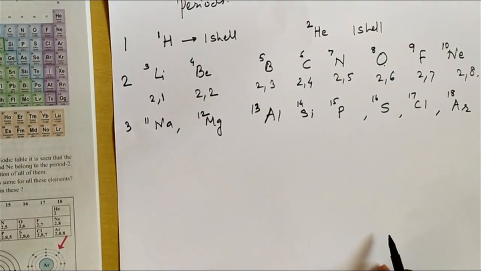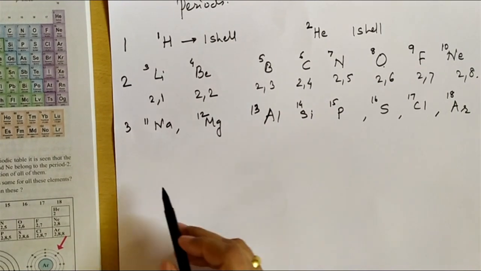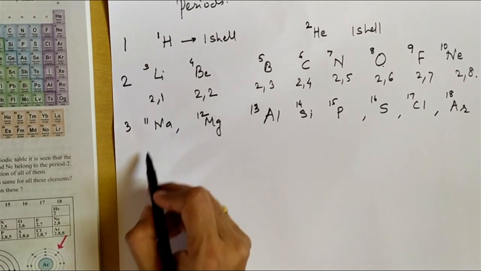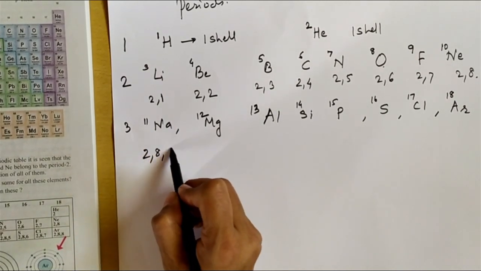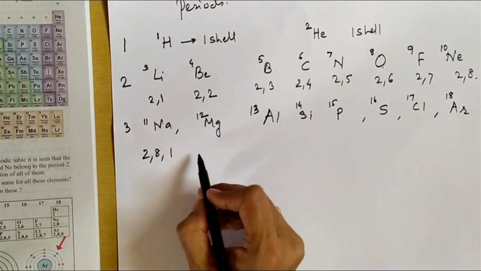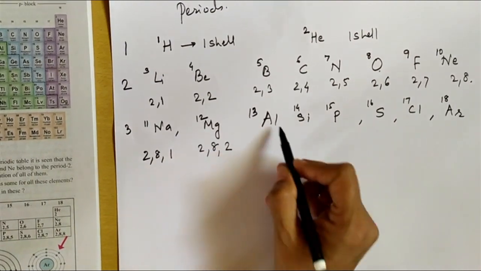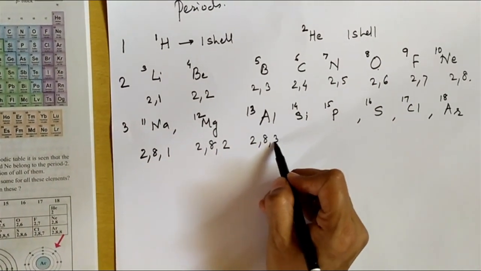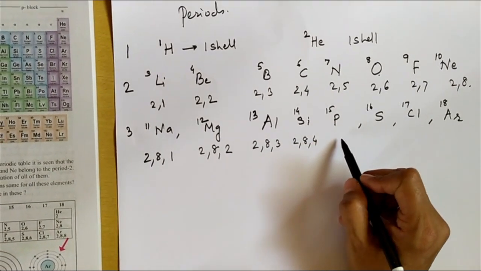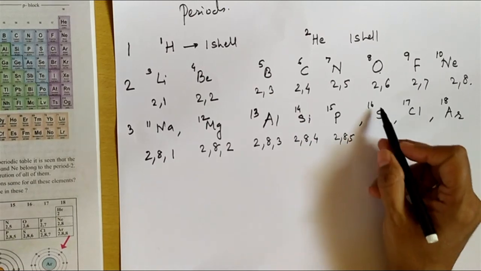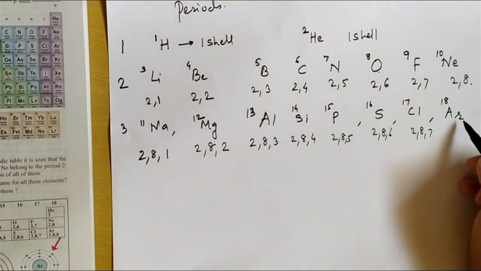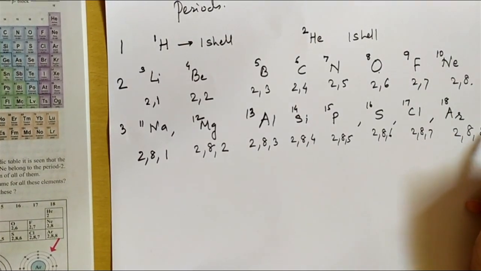Now see how the electrons are distributed, or what is the electronic configuration. In this case, atomic number 11, 2, 8, 1. In this way the electrons will be distributed in the shells. Magnesium 2, 8, 2, aluminium 2, 8, 3, silicon 2, 8, 4, phosphorus 2, 8, 5, sulfur 2, 8, 6, chlorine 2, 8, 7, and argon 2, 8, 8.